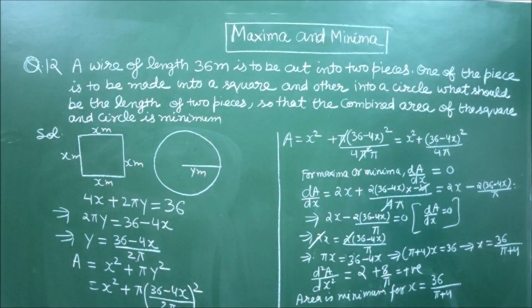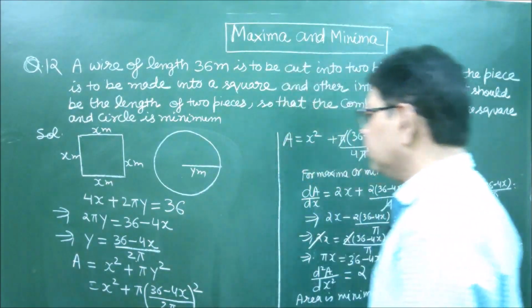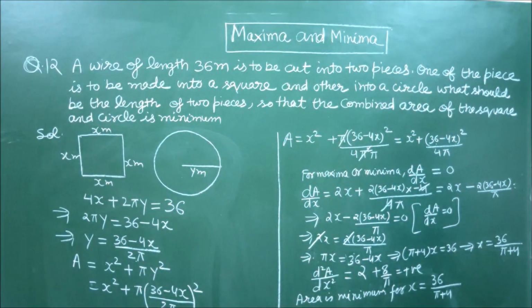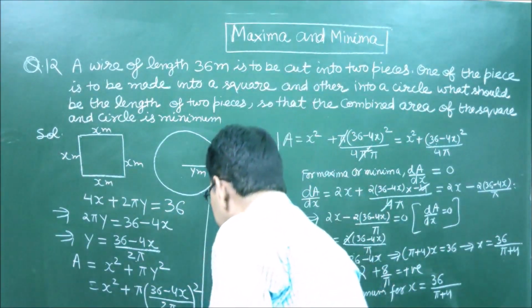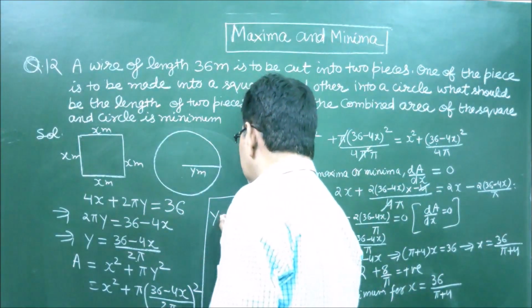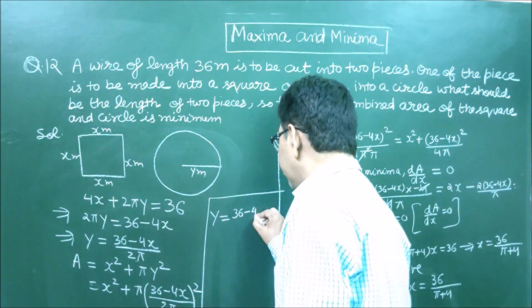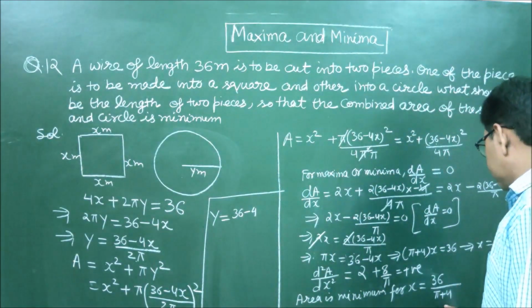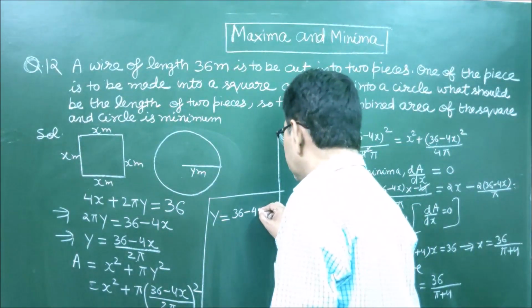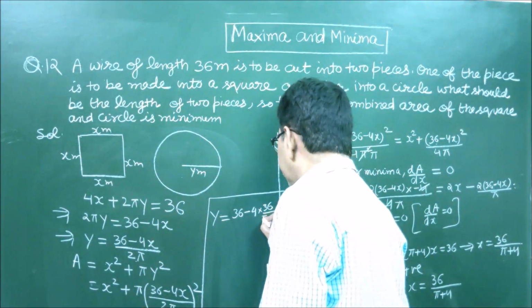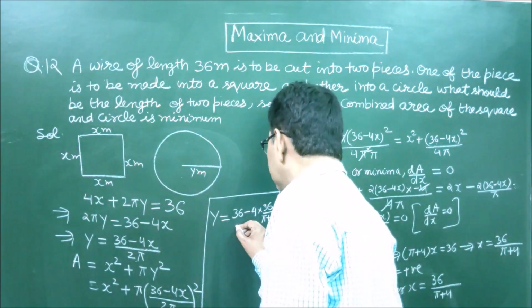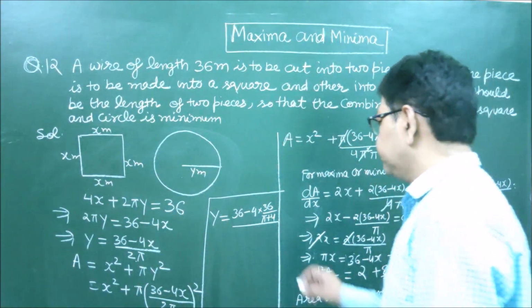Now let us find the value of y. Value of y is equal to 36 minus 4x upon 2 pi. So y is equal to 36 minus 4 into the value of x, 36 upon pi plus 4, upon 2 pi.